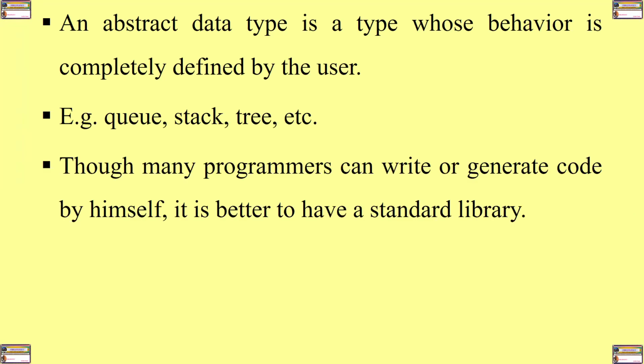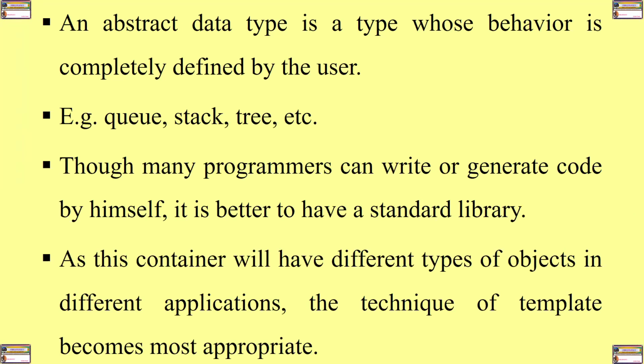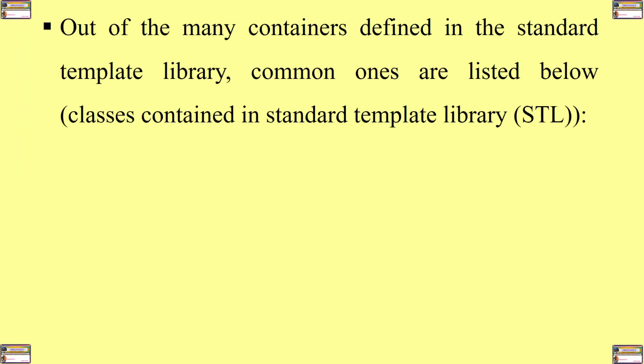Even though many programmers can write or generate code by themselves, it is better to have a standard library. As this container will have different types of objects in different applications, the technique of template becomes more appropriate.